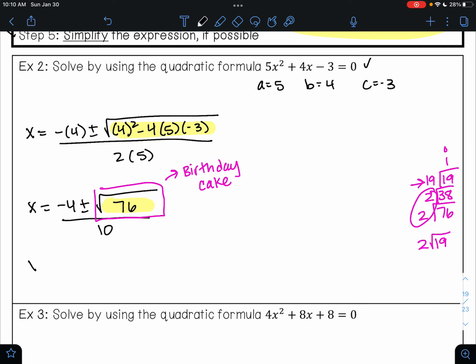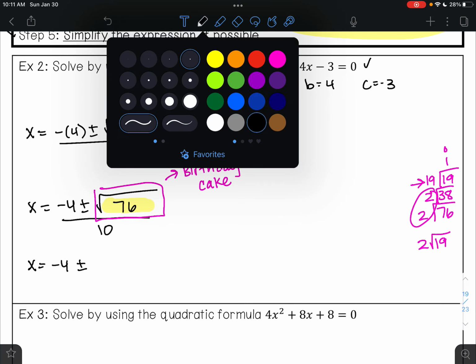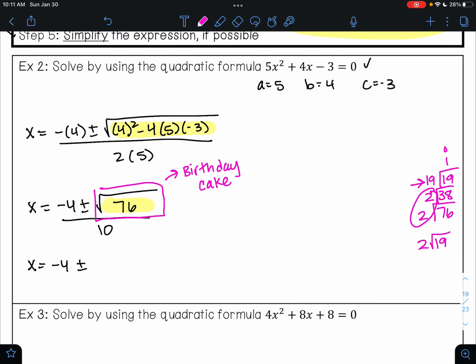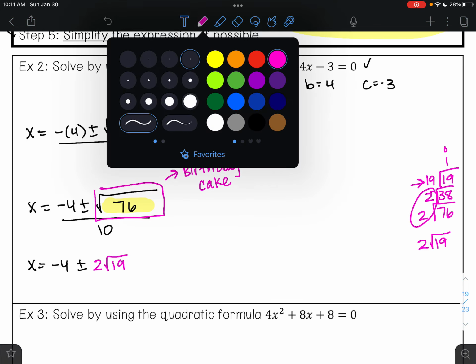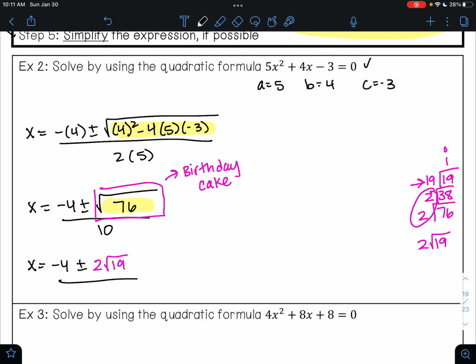So right now I have x equals -4 plus or minus. We simplified the square root of 76 and got 2 square roots of 19. And that's all over 10. -4 and 2 square roots of 19 are not like terms.